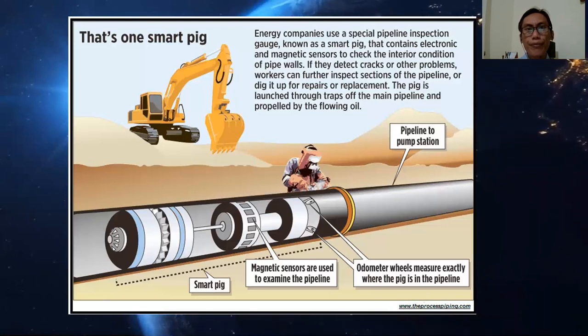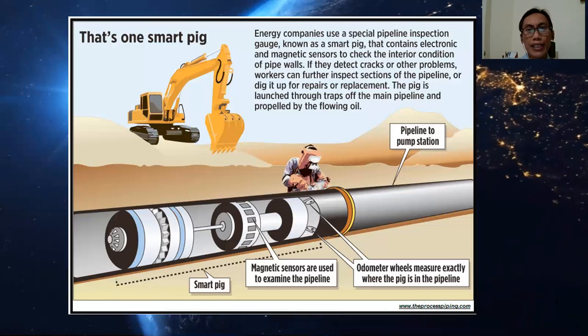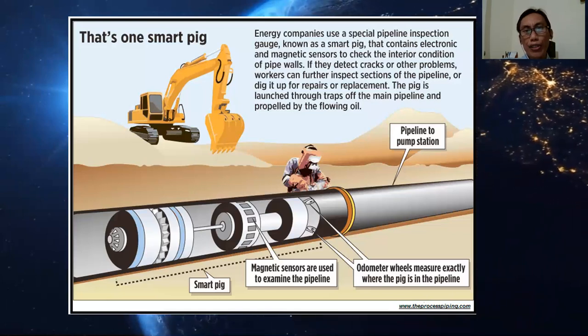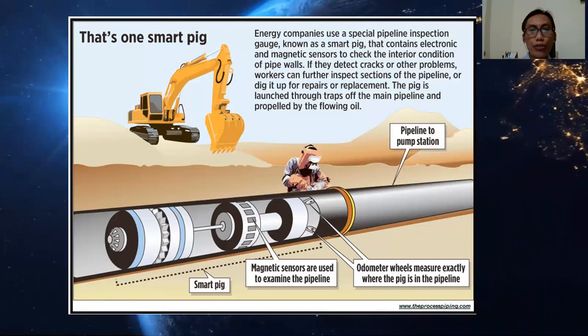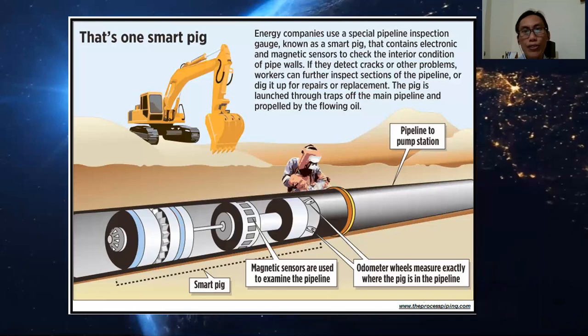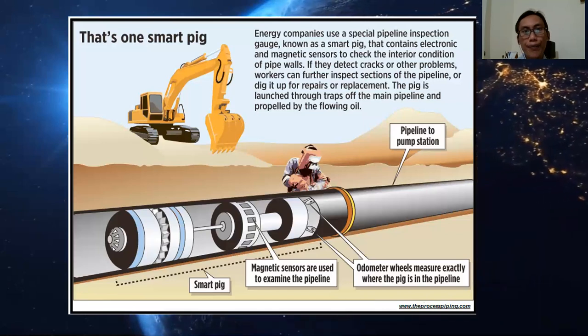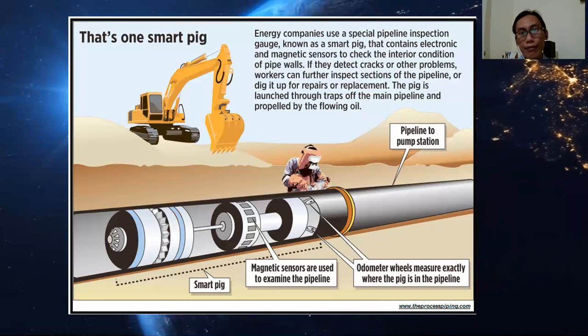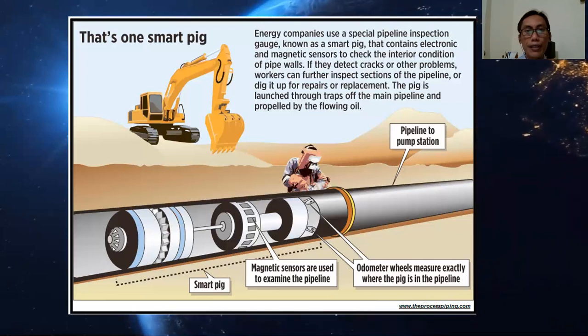Because some pipeline installations are underground, if we want to do a repair or pipe replacement, we should dig at a certain point on the ground, and then find out which part of the pipeline should be repaired.